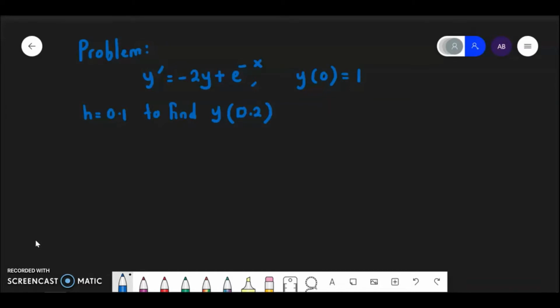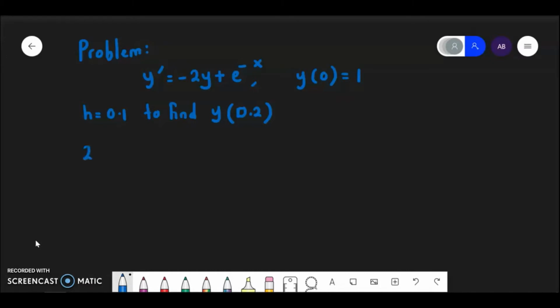We want to solve this using Adams-Bashforth as the predictor and Adams-Moulton as the corrector. Okay, so the two-step.